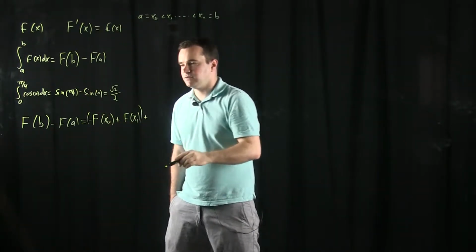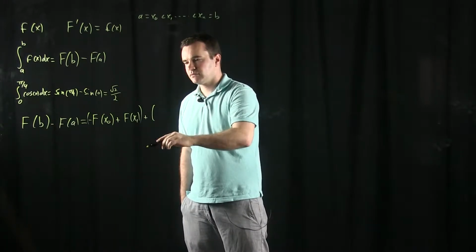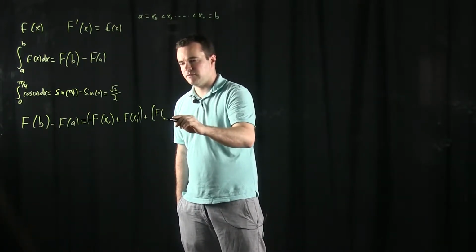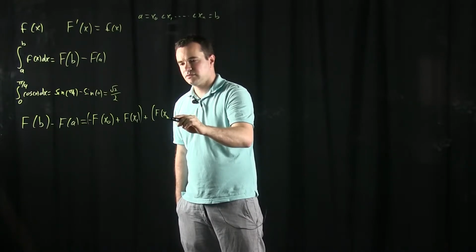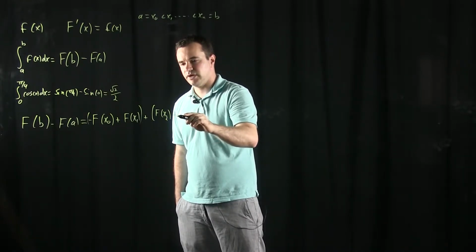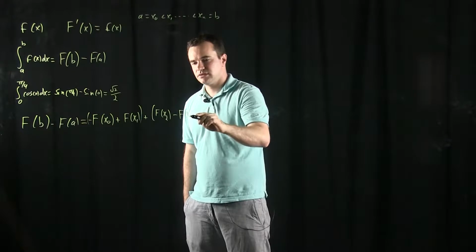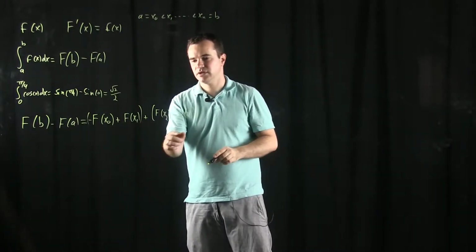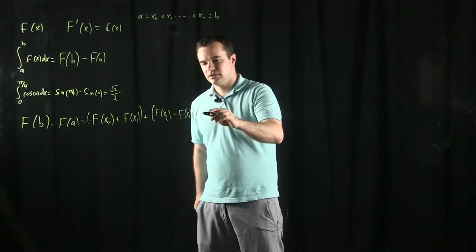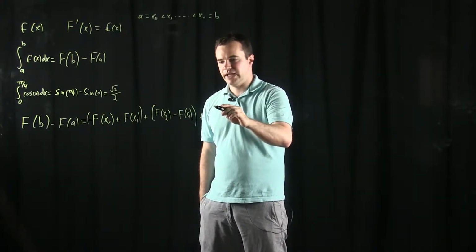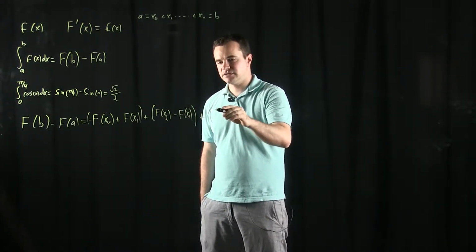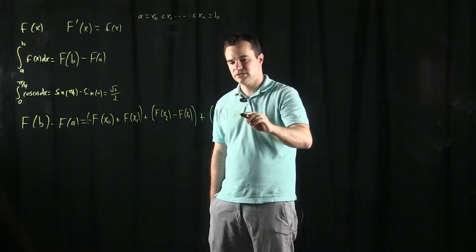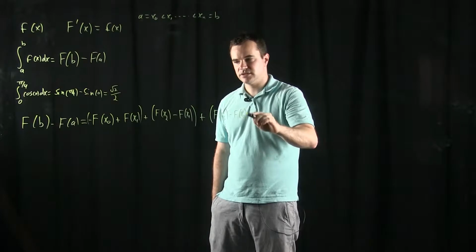Then I'm going to add to it F of x2 minus F of x1. So you see the pattern, x0, x1, then x1, x2. Then I'm going to add F of x3 minus F of x2.